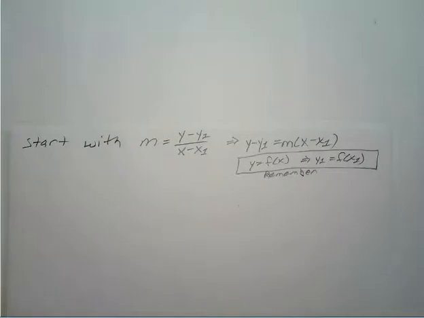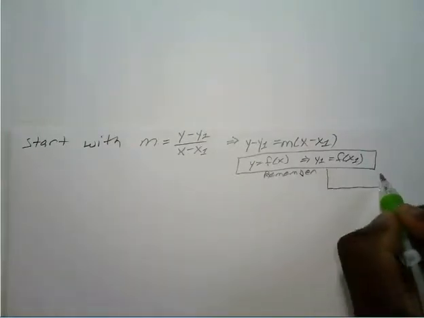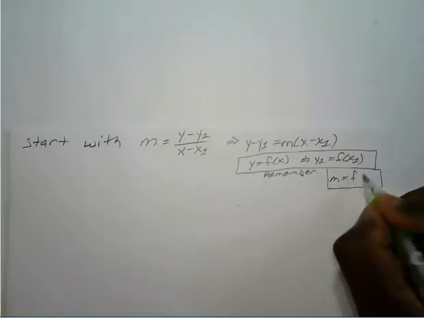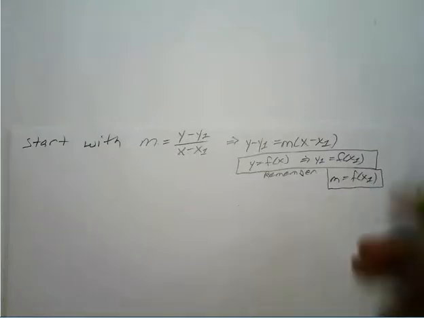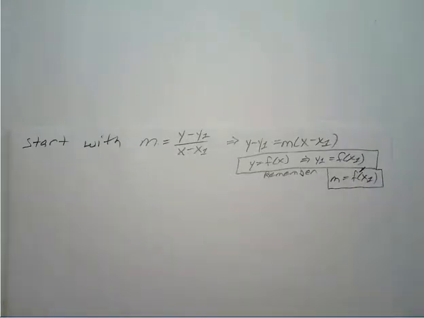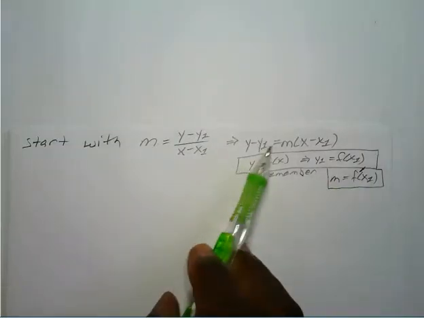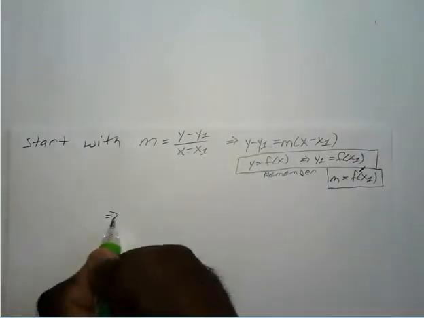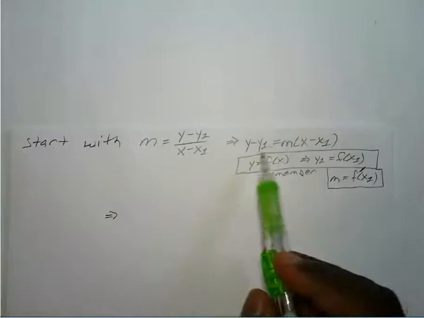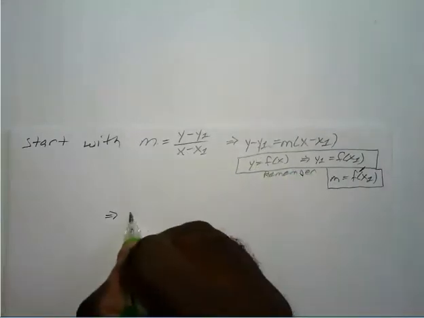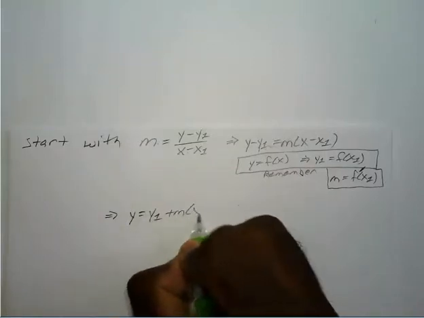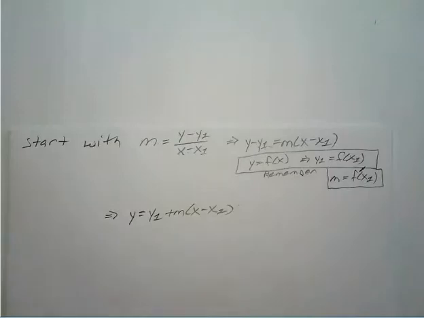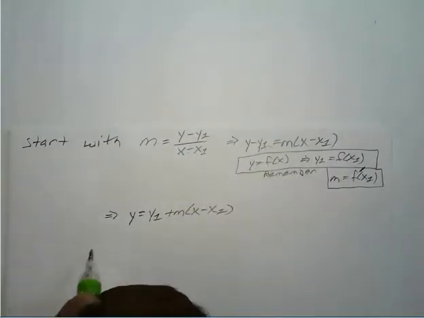And your slope at x1 is f prime of x1. We get all of that and start replacing things in this formula up here. Actually, we'll first solve for y, so we'll add y1 to both sides. So y is equal to y1 plus m times x minus x1. Now y is equal to f of x, so we'll make that f of x.